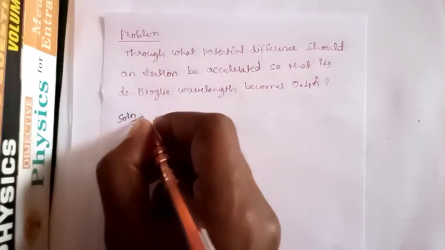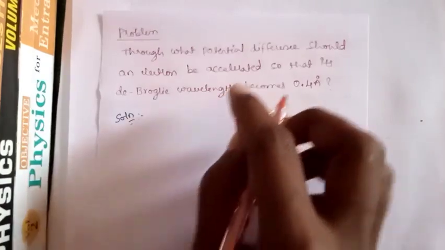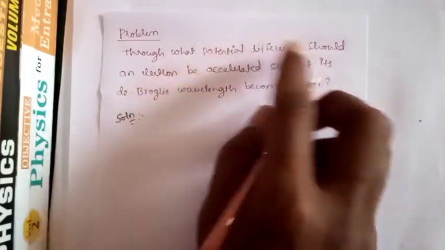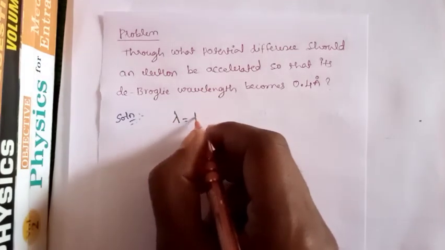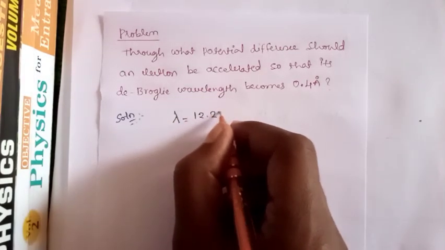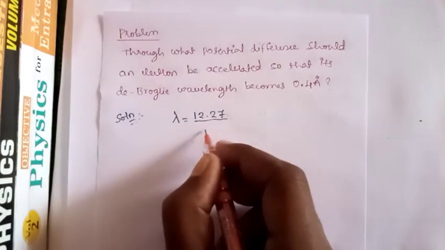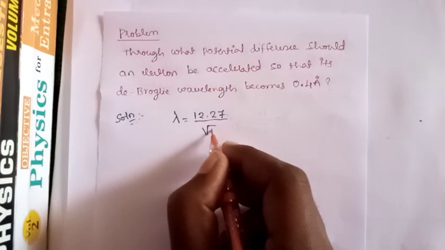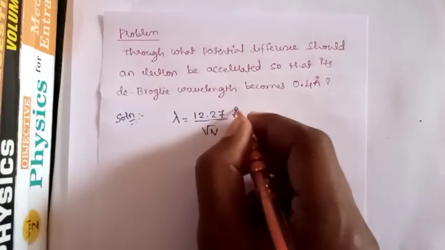How to find that one? Already we know the de Broglie wavelength associated with the electron when it is accelerated through potential difference V. So lambda is equal to 12.27 divided by square root of V, and it is in angstrom.